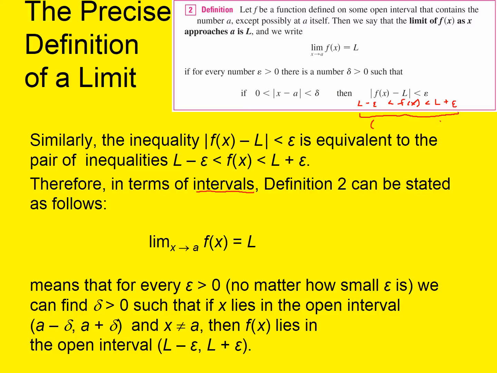So f of x is going to be in the interval from L minus epsilon to L plus epsilon. Okay, and something similar can be done with x. x is going to be between a minus delta and a plus delta.